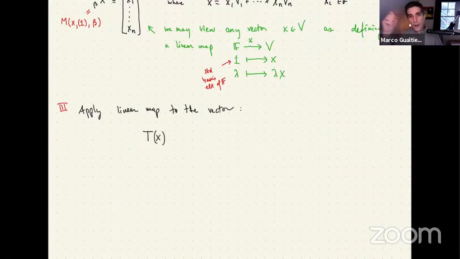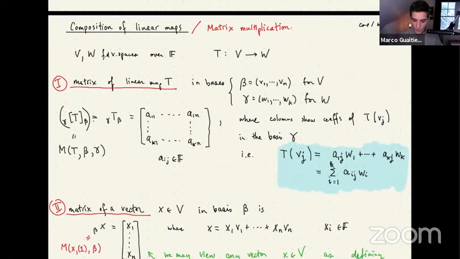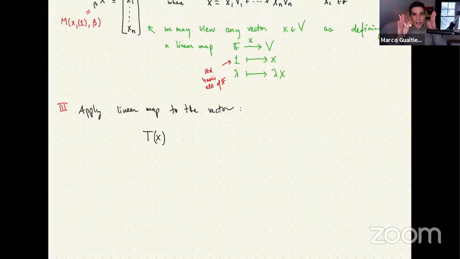I will get a vector in W. That's going to push me into W, and then I can ask the question, what is the vector that I get in the basis of W?